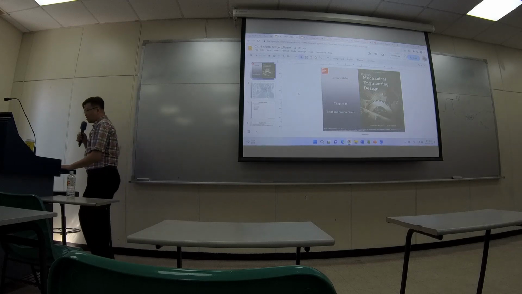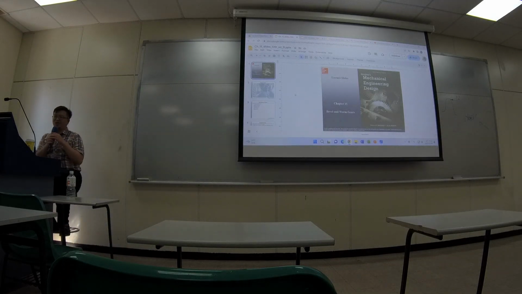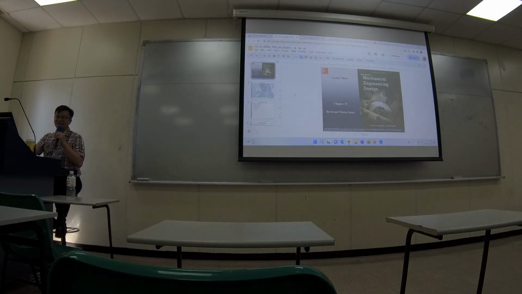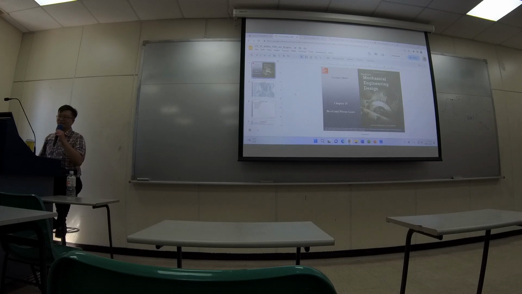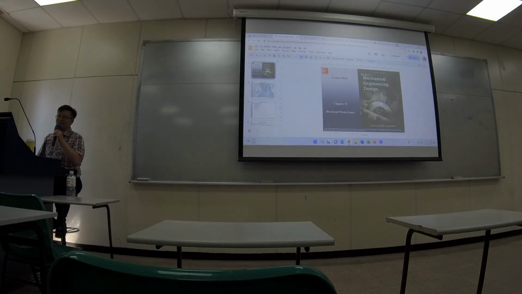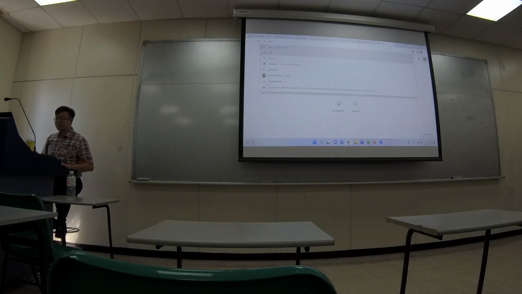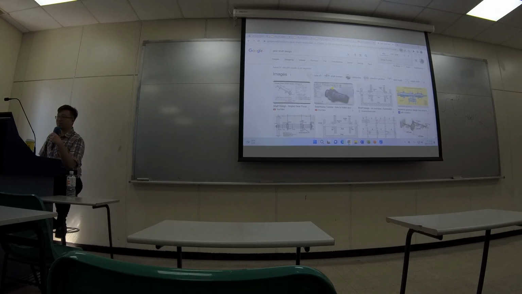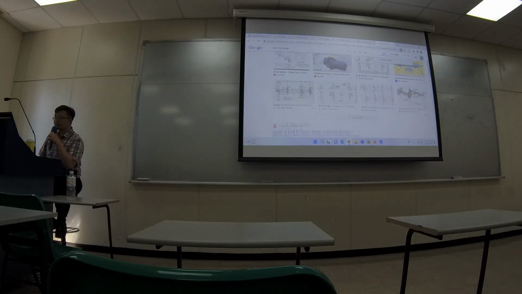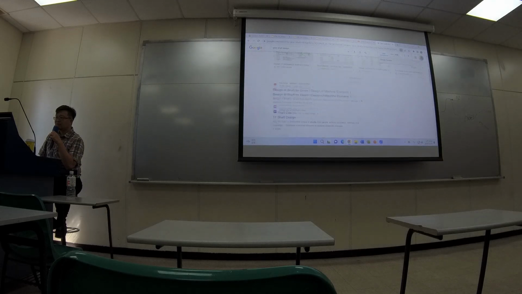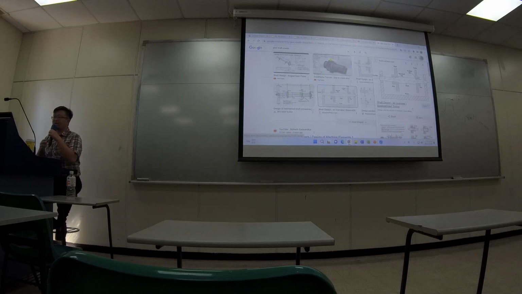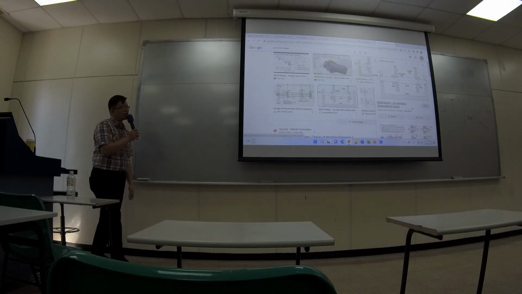And I think in almost every machine, if there's a shaft, usually there's a gear. So this is so common. So take this one as an example. This is a very common design.